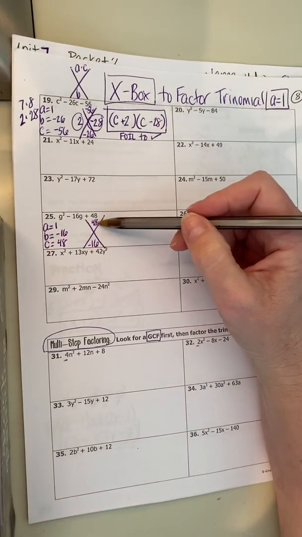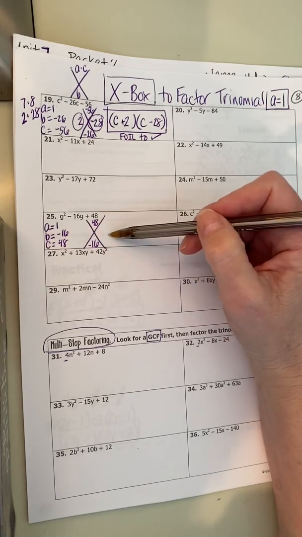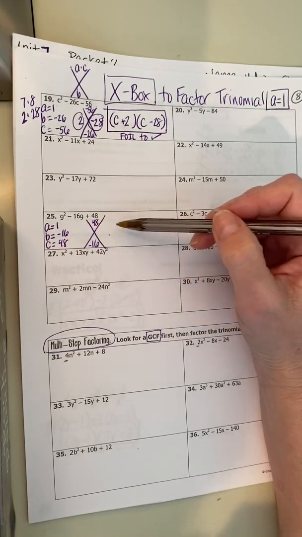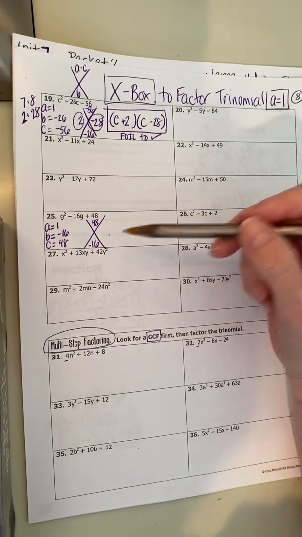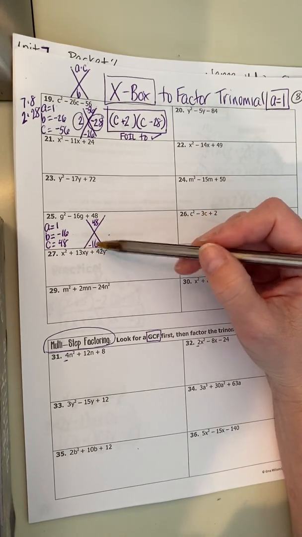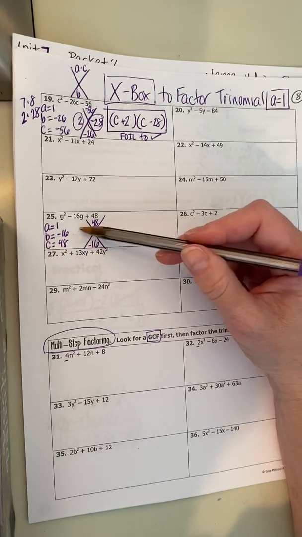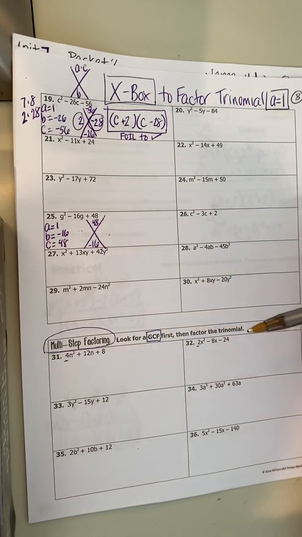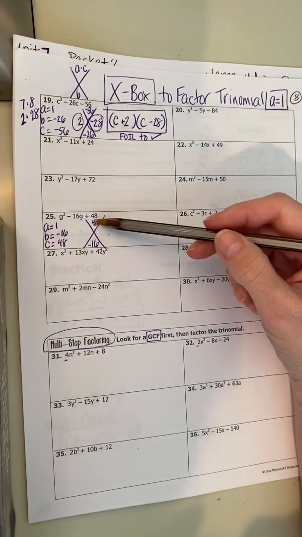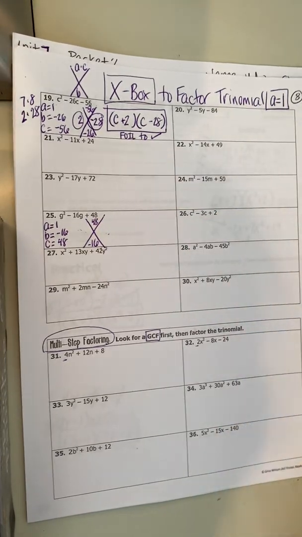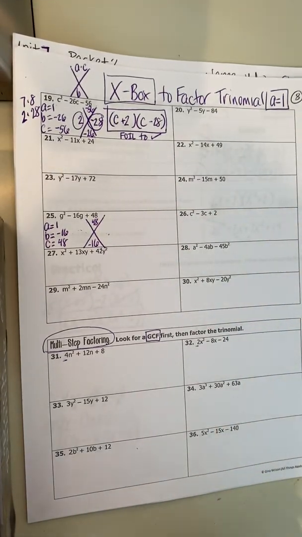To have a positive product, either both of these numbers need to be positive or both of those numbers need to be negative. Now, if the b value is positive, then both of them would be positive. But since the b value is negative, both of these numbers would need to be negative because negative times negative is positive. Anyway, so let's think of factors of 48 that have a sum of 16.